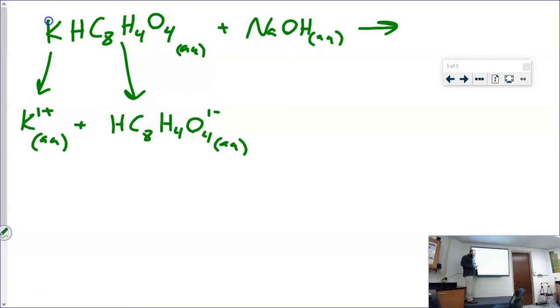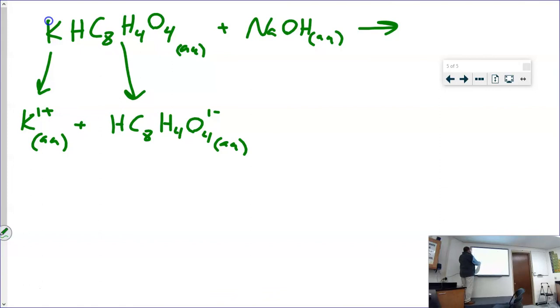And be very careful. What I'm going to be left with over here is C8H4O4. Currently, HC8H4O4 has a 1- charge. If I take away another hydrogen, what's the charge of what's left over? I'll let you answer that for me, okay?